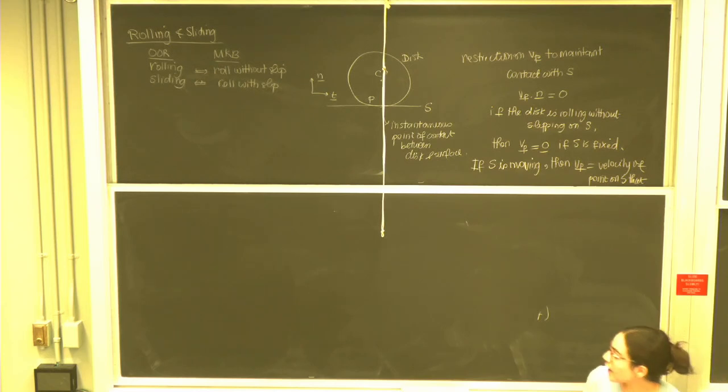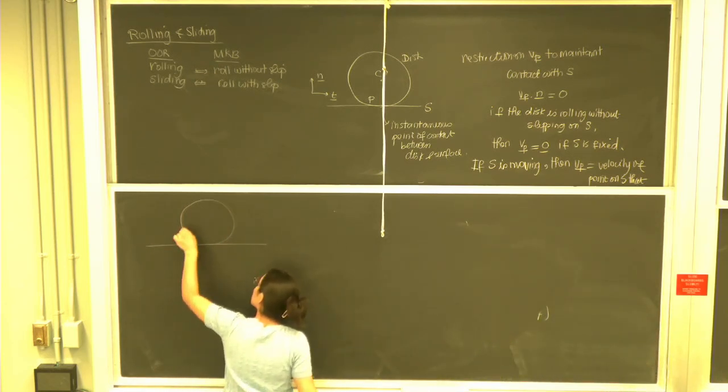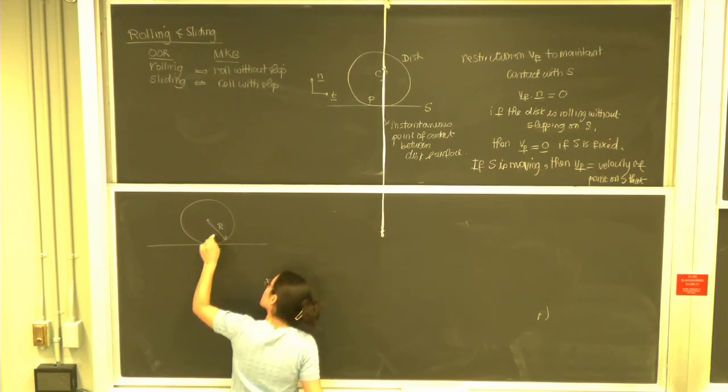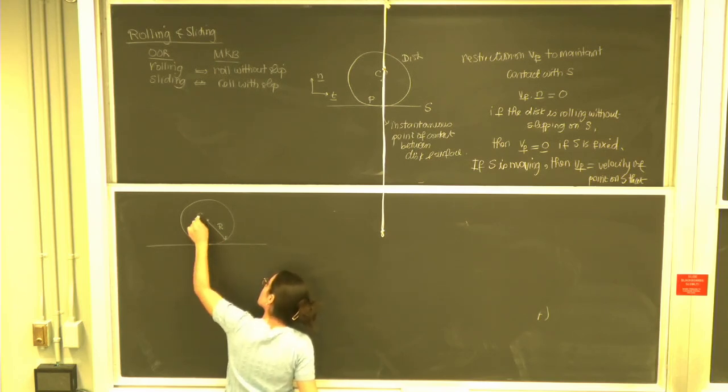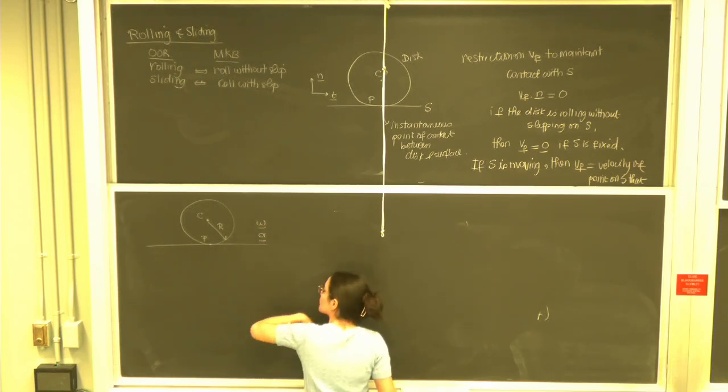Again, let's look at a disk of radius r rolling without slipping, with angular velocity omega and angular acceleration alpha.